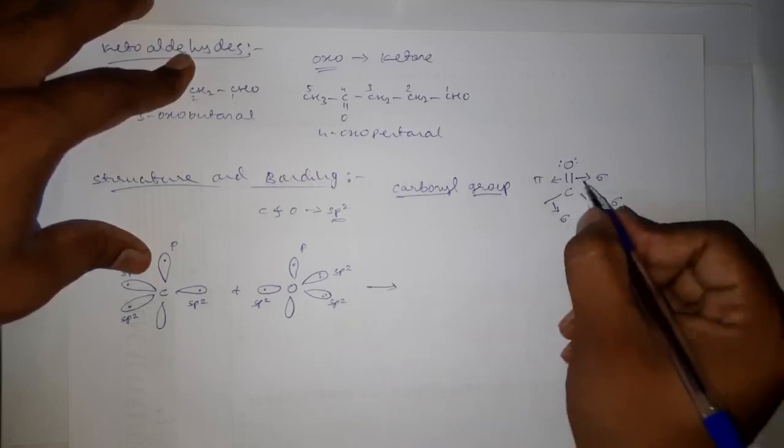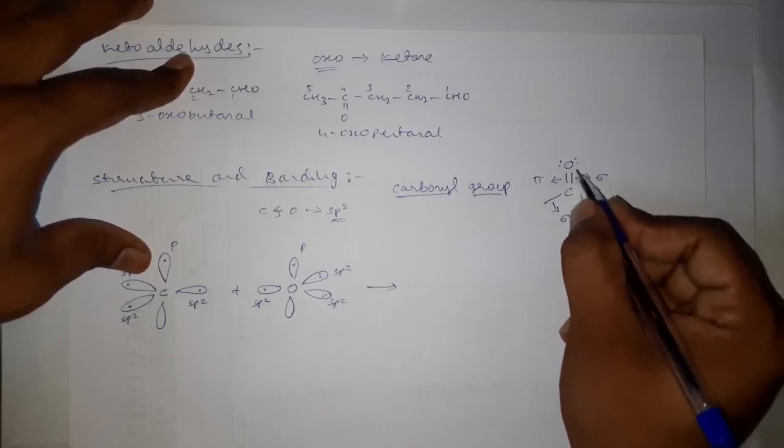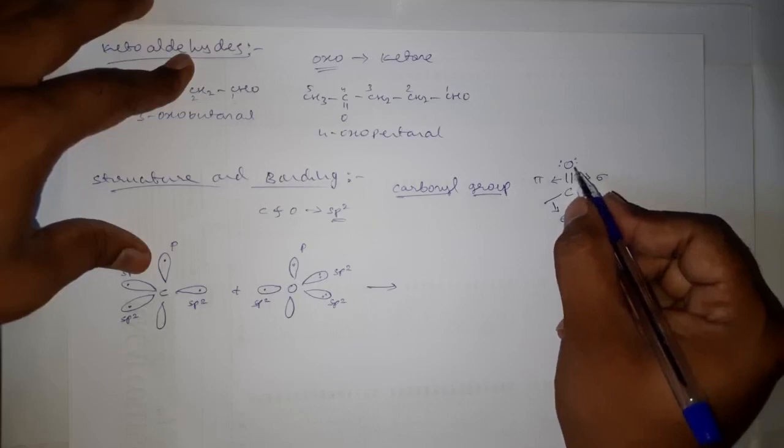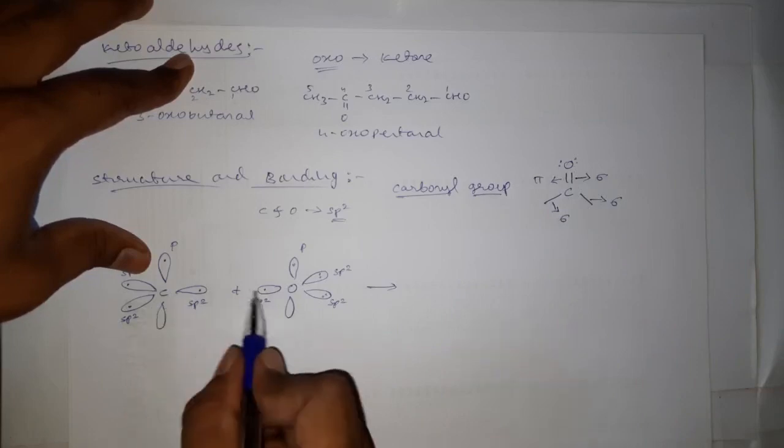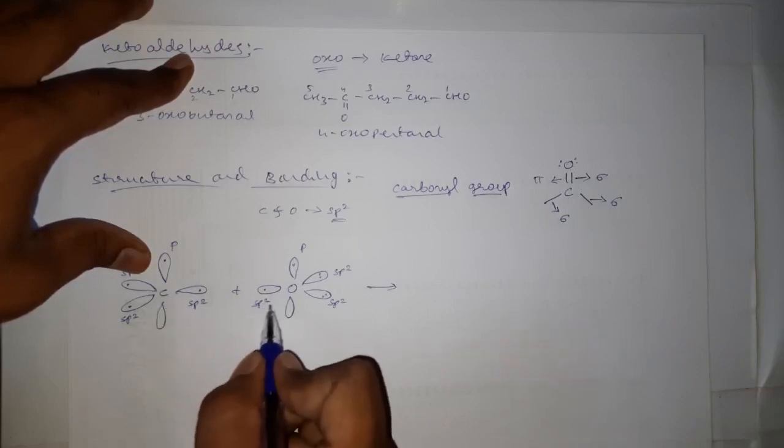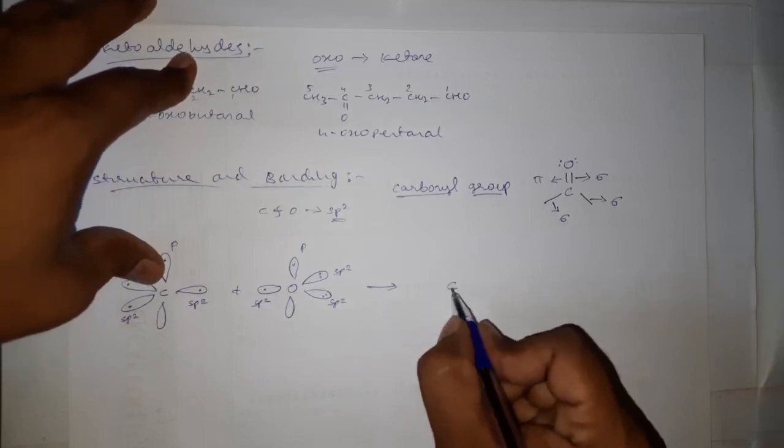And the sigma bond formed between the carbon and oxygen is formed by the overlapping of an sp2 hybrid orbital of carbon with the sp2 hybrid orbital of oxygen. That is by this one.